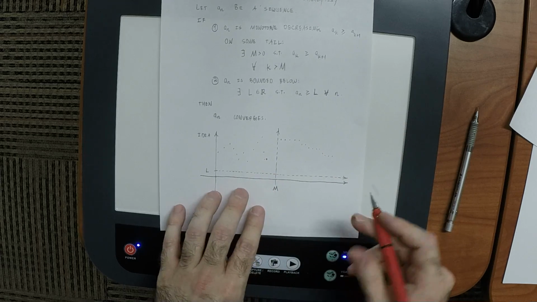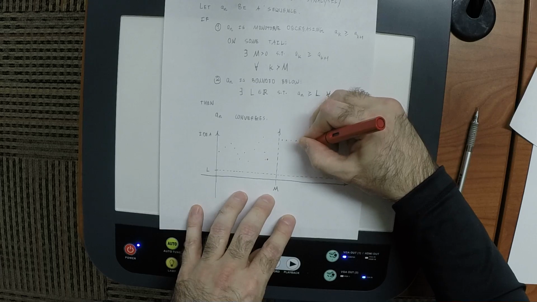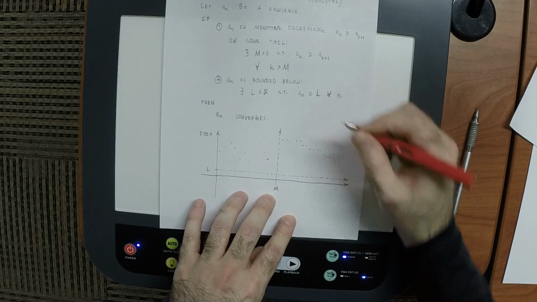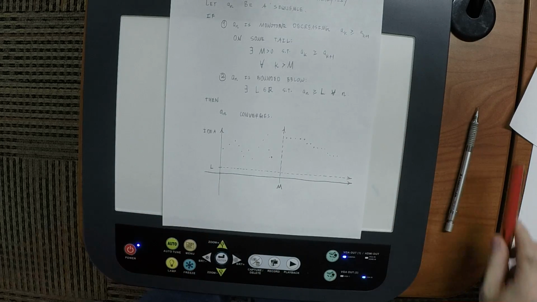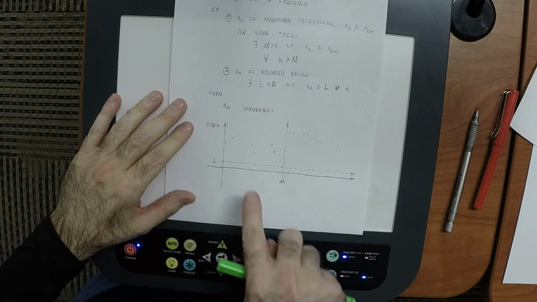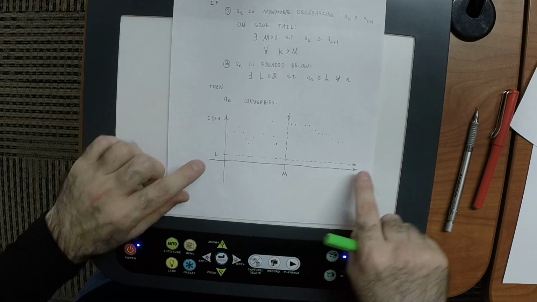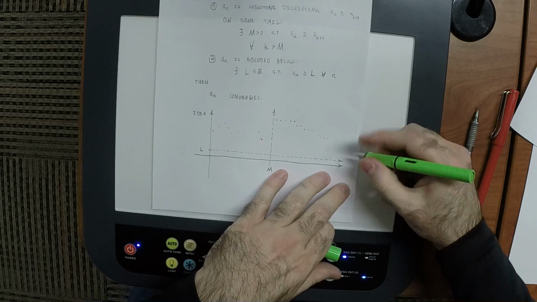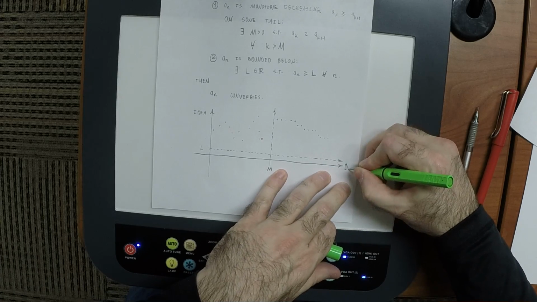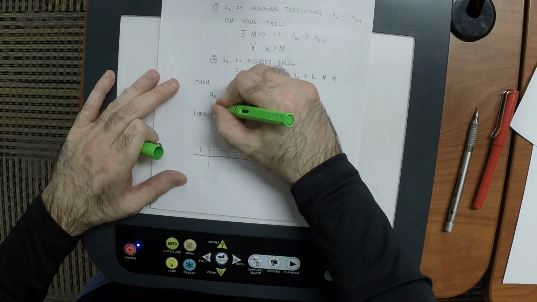So like that. So what that's saying is that okay, well, let's consider. The input axis is the naturals, right? So this is naturals, and the output axis is reals.